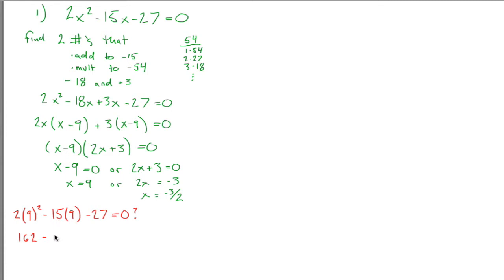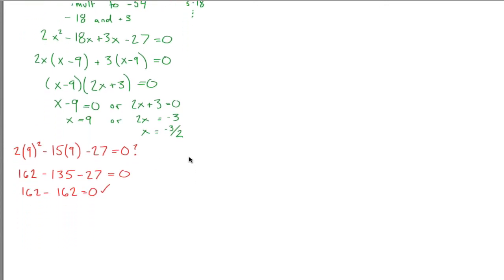One less would be 135. So we subtract 135 and subtract 27. And I think in fact we would get 0 here. 135 plus 27 more is 162. So it looks like x equals 9 really did work. We didn't screw anything up.